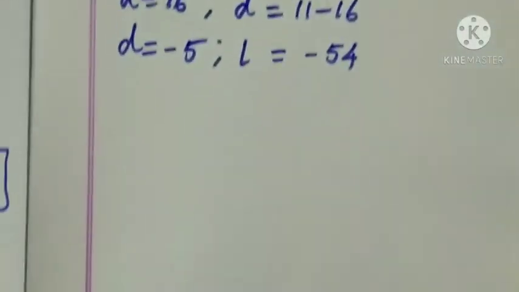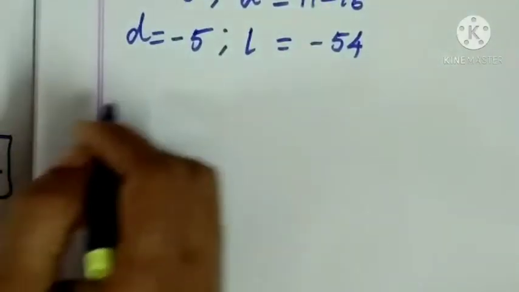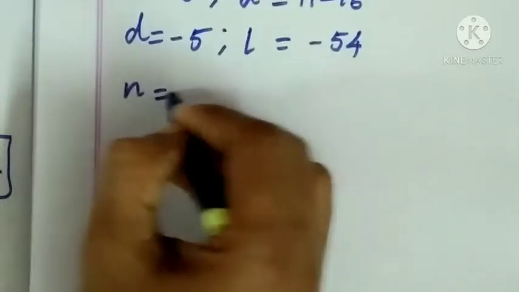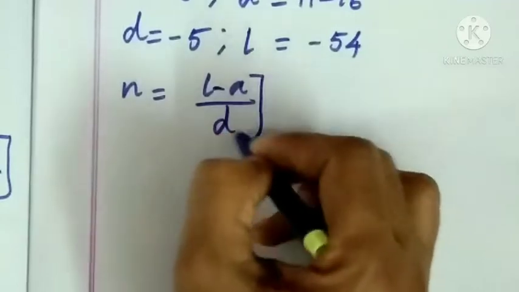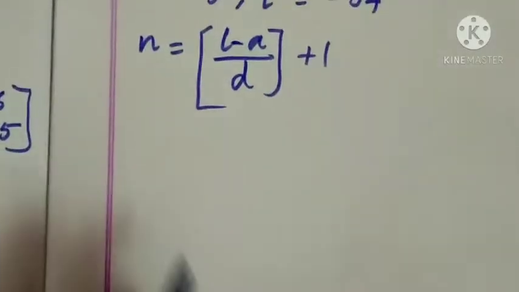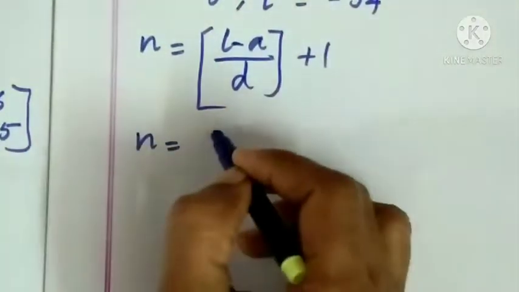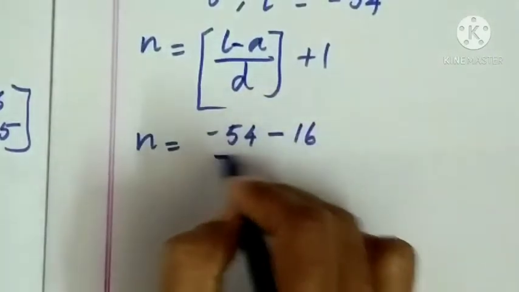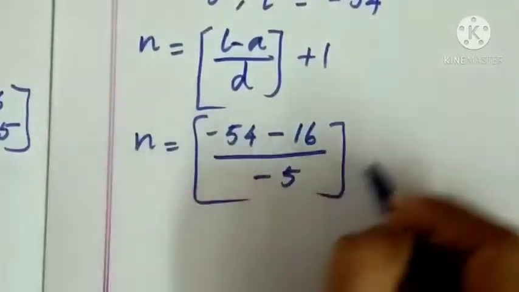Now, you have to apply the formula for the number of terms of an AP. Yes, that is N is equal to L minus A divided by D plus 1. Now you have to apply the given values, that is n is equal to minus 54 minus 16 by d, which is minus 5, plus 1.